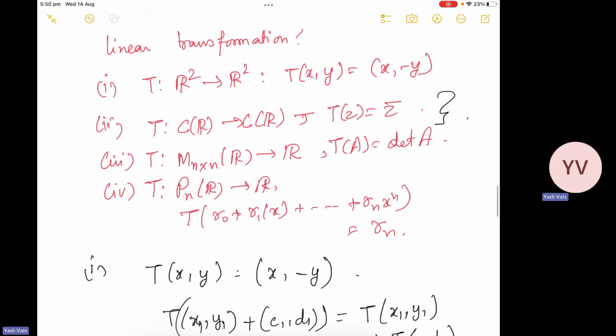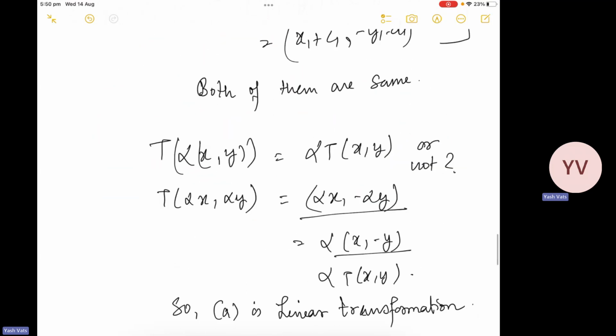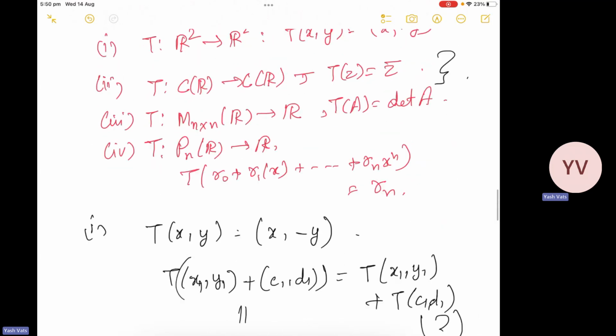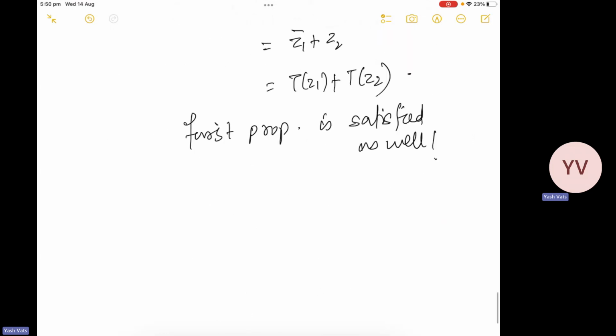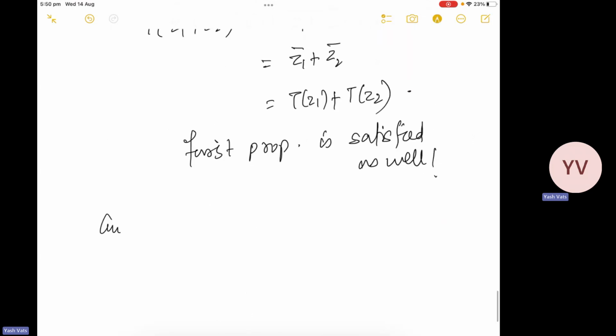The next question is T(A) is the determinant of A, on n cross n matrices. So the third question is T of A is equal to the determinant of A.